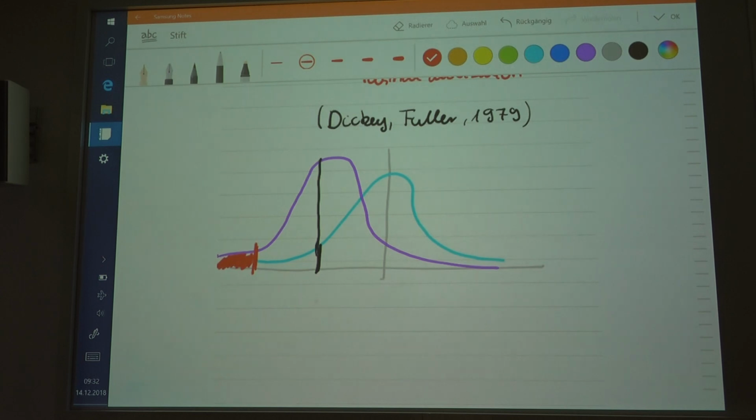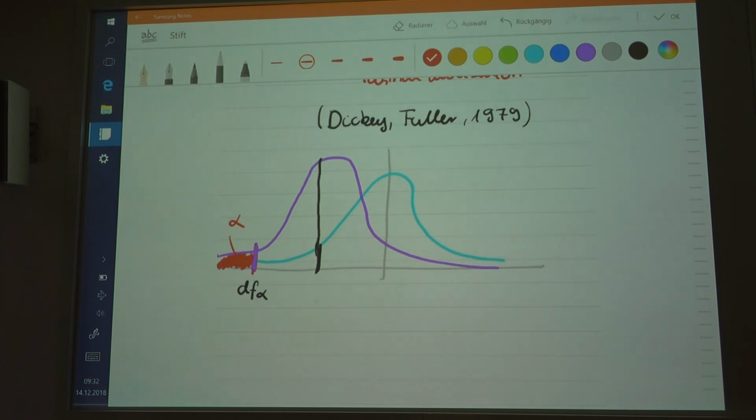You're supposed to reject the null hypothesis if the test statistic is less than this value, the alpha quantile of the Dickey-Fuller distribution, meaning the area here is equal to alpha. If the test statistic is below that, then you're justified to reject the null hypothesis.